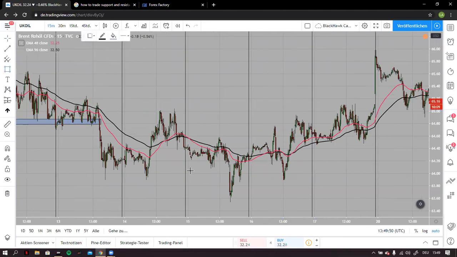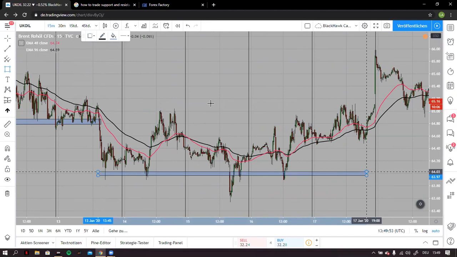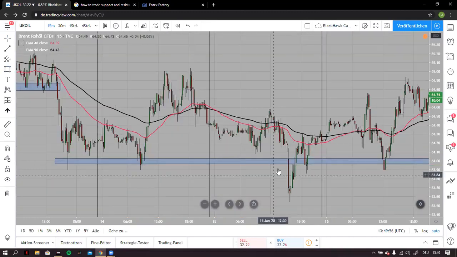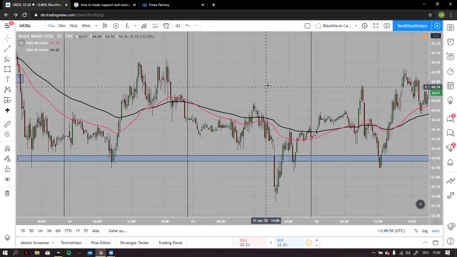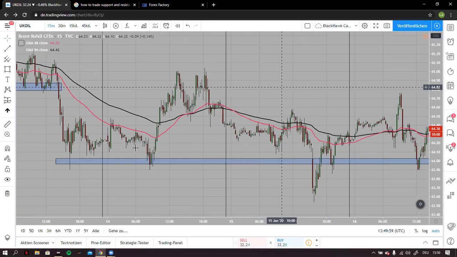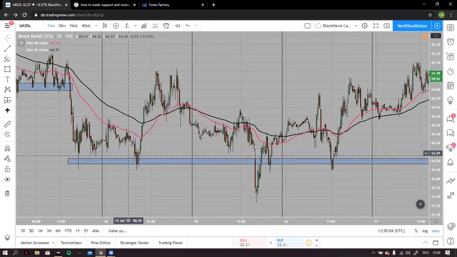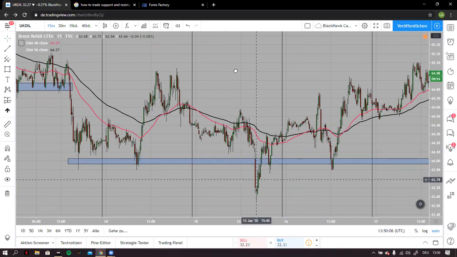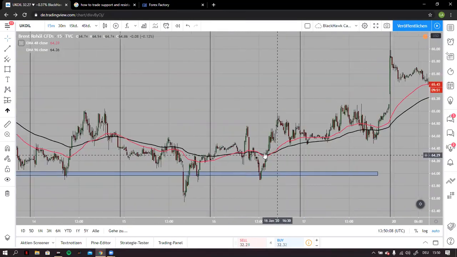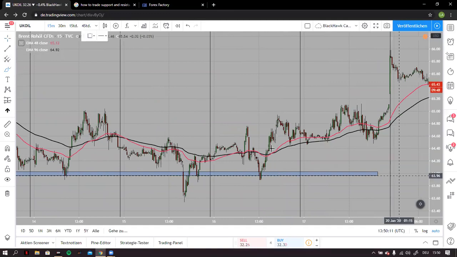This kind of rejection zone is also valid for us because it includes a stop hunt. Remember, stop hunts at these zones are always confirmations to us. So they came up, worked it low, broke out, and then DMA crossover right about here at this zone.